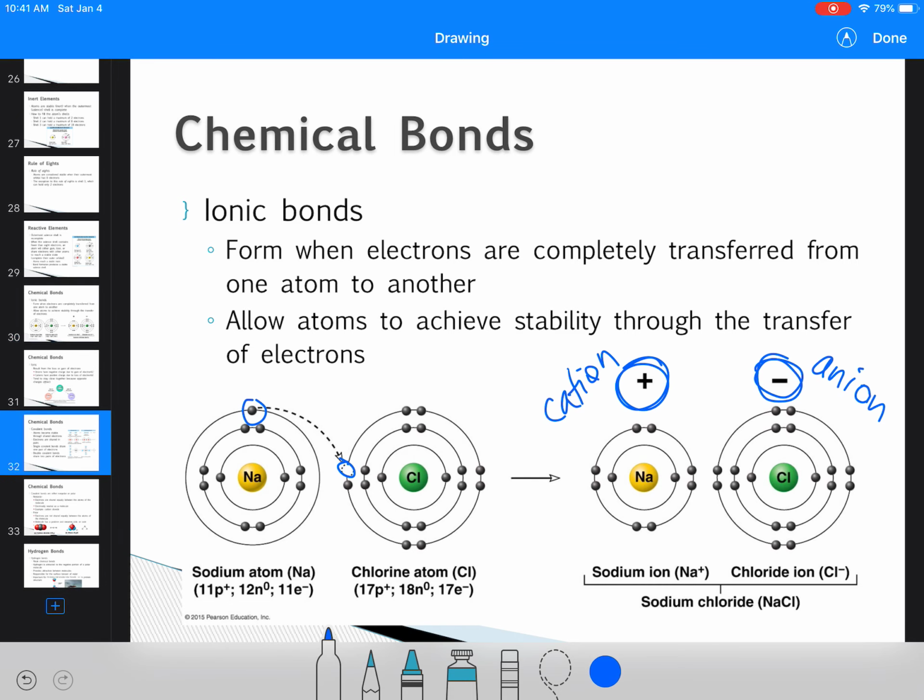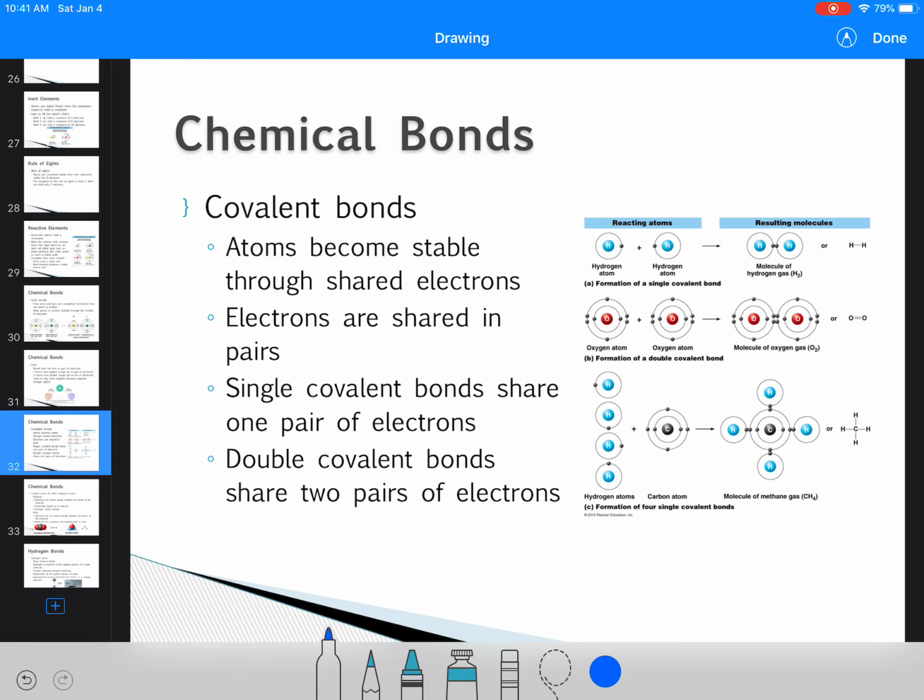Now, the next type of bond that we see pretty commonly is a covalent bond. Covalent bonds are different from ionic bonds because in a covalent bond, the two atoms are going to be sharing electrons. They're not going to be giving up or taking electrons. They're going to actually be sharing them with one another. Okay, so you can see this top example between these two hydrogens.